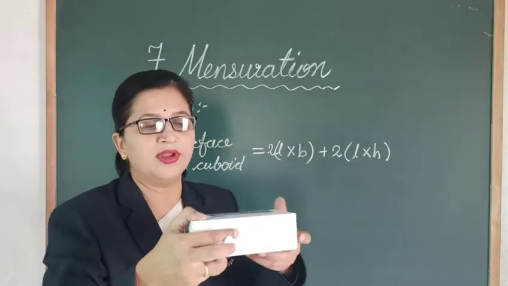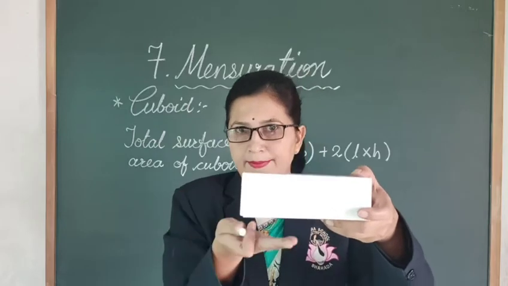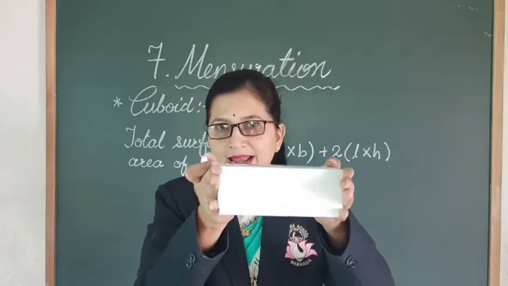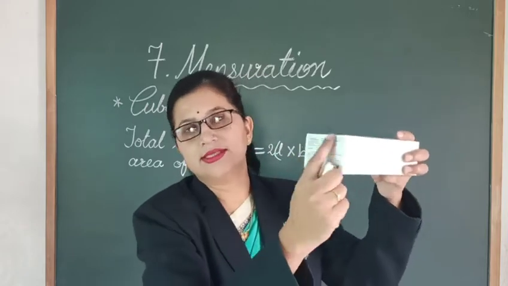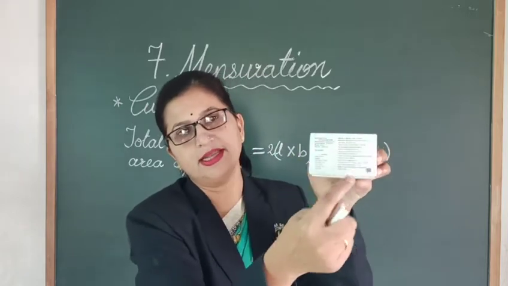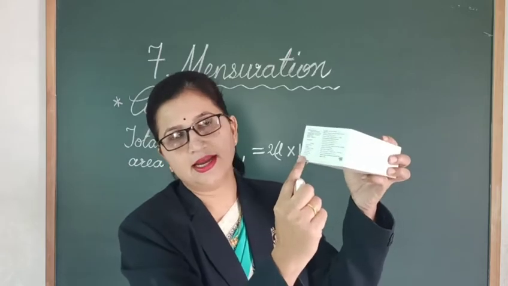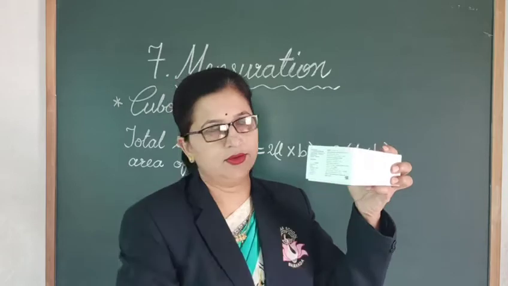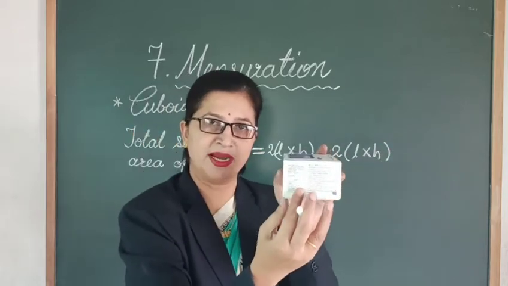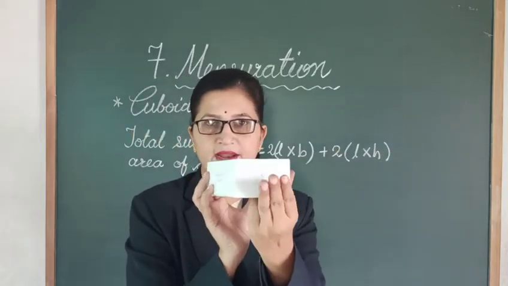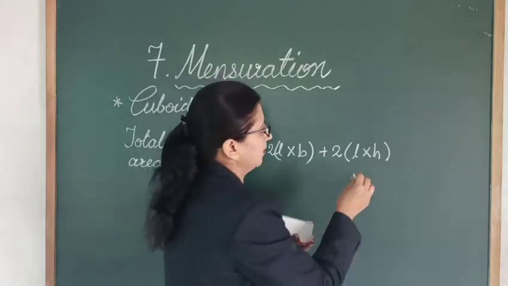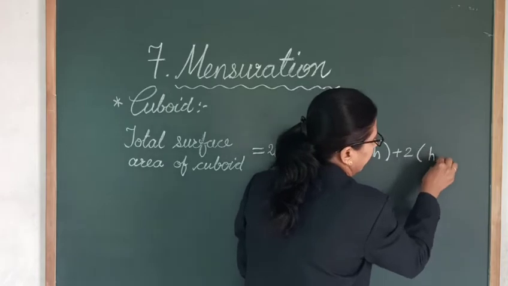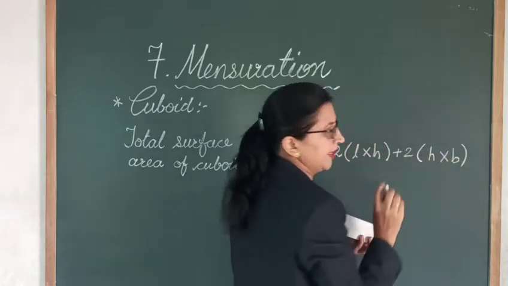Now we got the top area, base area, this front and its back side. Now for the remaining lateral faces, which are also rectangular, this is breadth and this is height. We'll multiply it by 2, so that we get the area of these faces also. So plus 2 into bracket h into b.